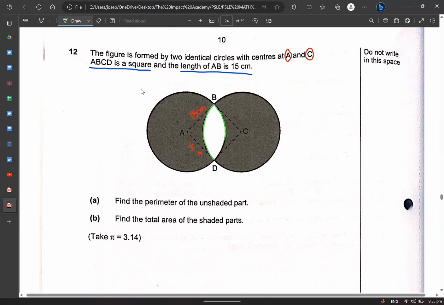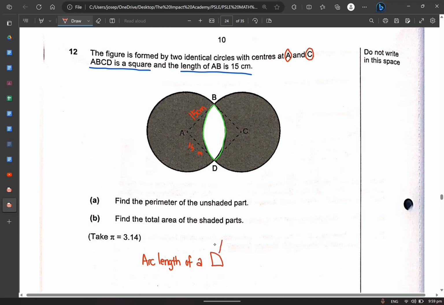Okay, and when you see something like this, you realize that this arc length is actually the arc length of a quadrant. If you can follow my cursor, you see this is an arc length of a quadrant. So what you want to do is simply find the arc length of a quadrant.